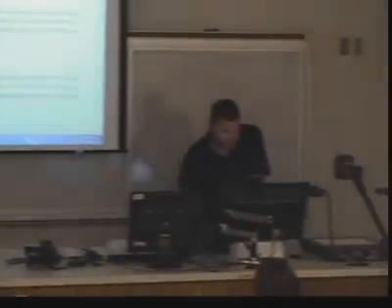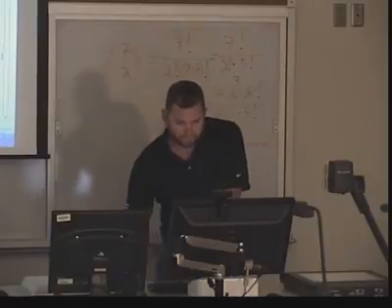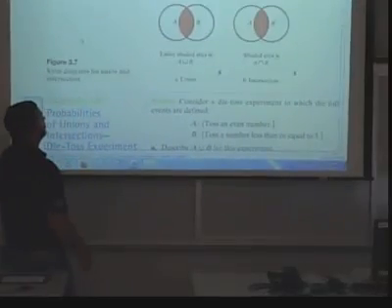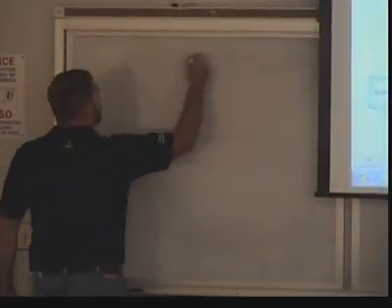Let's look at the next page and see some pictures of it, which makes it a little bit simpler. So here's a Venn diagram for the union and the intersection. Let me rewrite it a little bit prettier. So here's our Venn diagram.